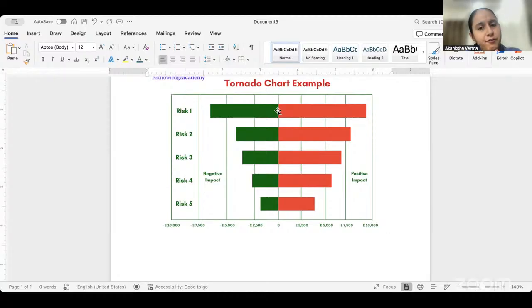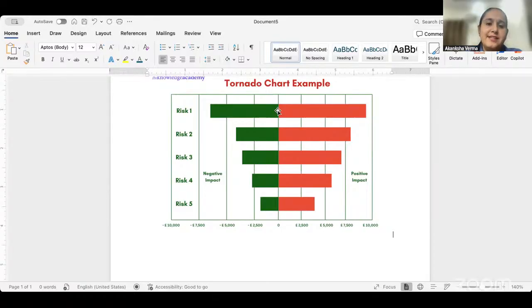We do have VBA commands for it. We don't usually do it manually, because it's a tedious task to change the values manually and then plot them on a graph. It takes time, so we give the command to Excel and mention the variables to be used for the one-way sensitivity analysis.